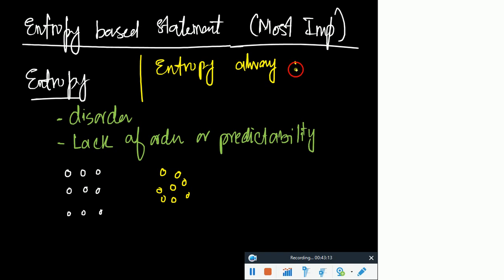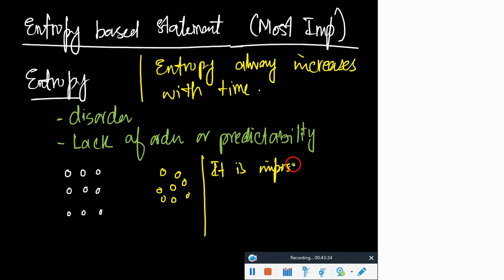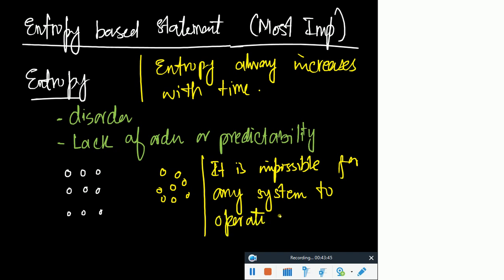Entropy always increases with time. Okay, so that is the entropy based statement. Or let me put it this way as well: it is impossible for any system to operate in a way that entropy is destroyed or minimized.